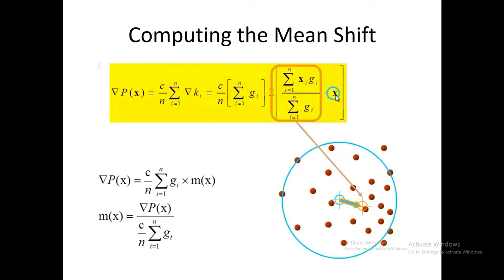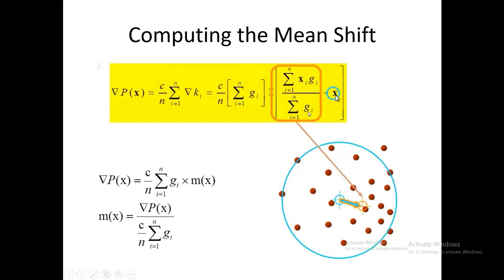We do this iteratively until we find the peak, or until this difference becomes 0. And it's actually finding the gradient of the distribution of the points.